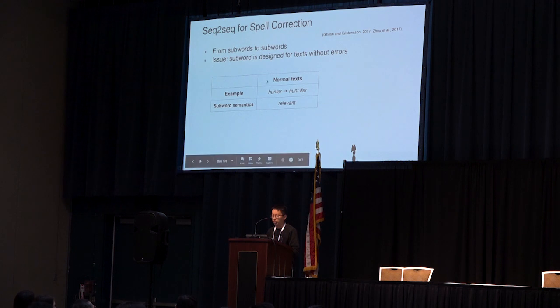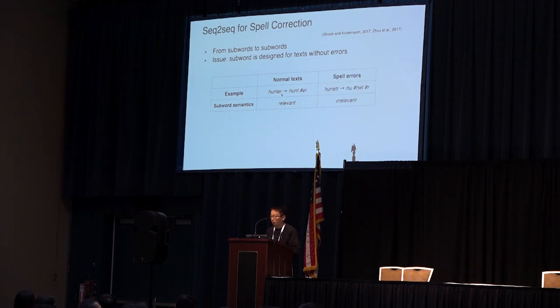So this is an example to illustrate why. For hunter, by applying subword, this is the normal text. This is hunter and hashtag ER, and the subword is very relevant to the original word hunter. But with spell errors, the result is completely irrelevant.